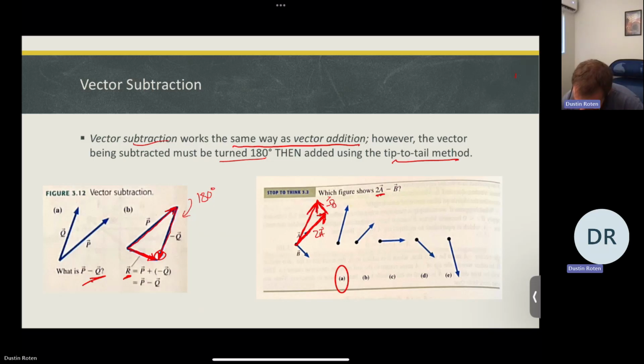Here's my resultant vector, 2a minus b, and that matches perfectly with a. So that's going to be our answer for this one, at least. If you'd like, we can draw the same thing on our answer. Here we have the 2a, here we have the minus b, and you'll see that it's essentially the exact same drawing.